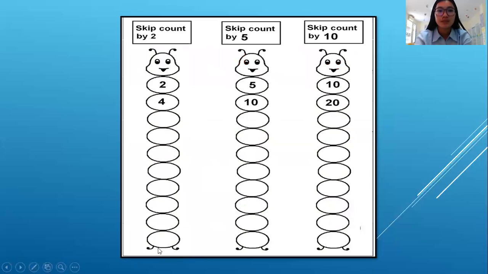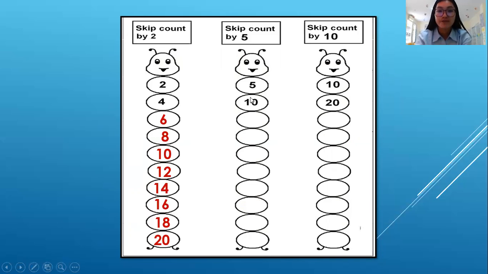Next, let's practice more. So skip counting by 2, by 5, and by 10. Okay, so 2, 4, next number is 6, 8, 10, 12, 14, 16, 18, 20. As you see, the numbers are getting larger and larger. Next one, it's counting by 5.